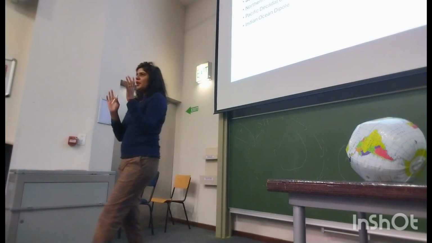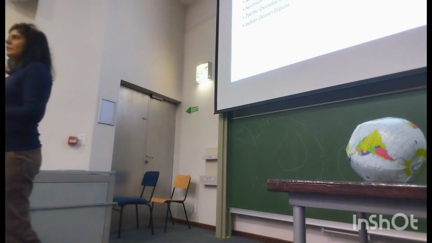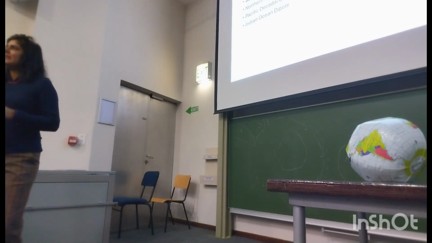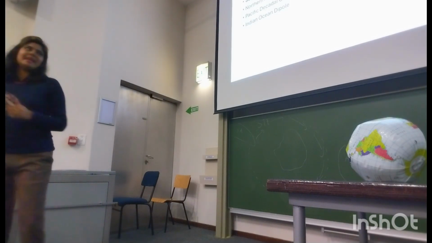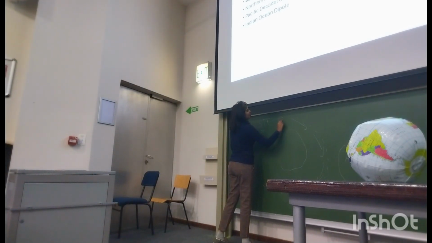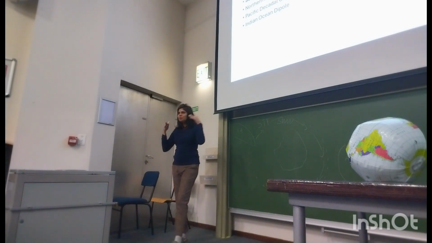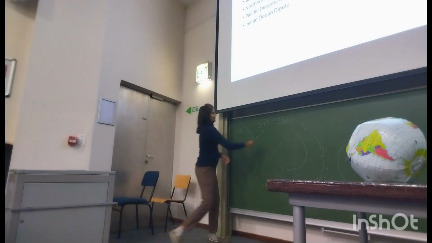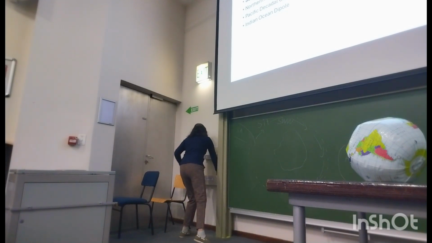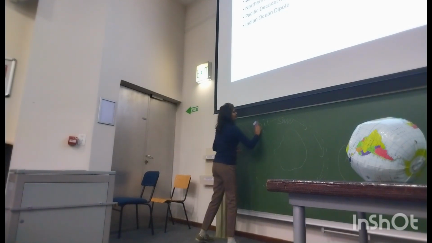Now, when we think of a positive phase of SAM, here's a little trick: P is poleward. So your STF and your southwesterly winds are going to move poleward, so it's going to be much closer.